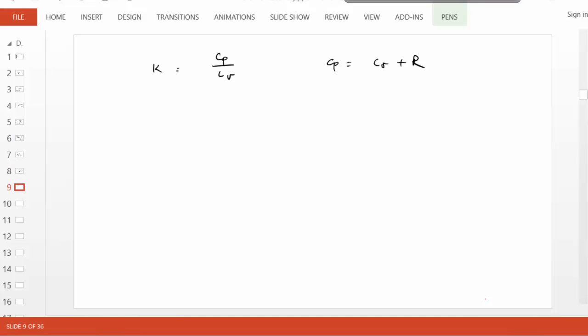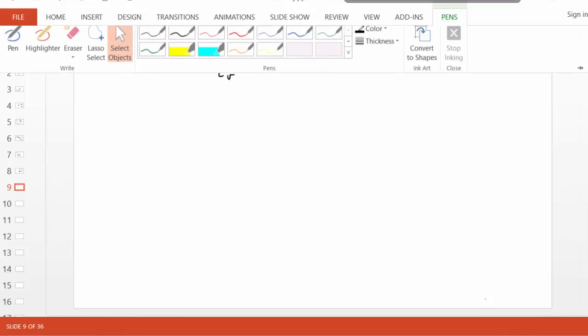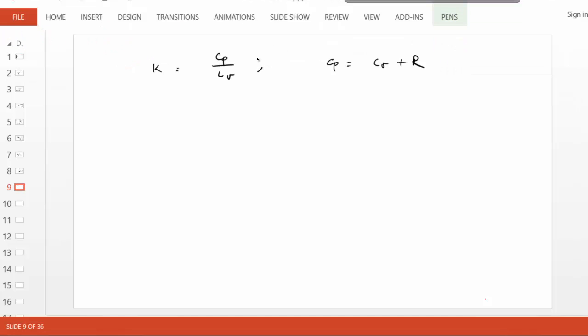So going back, if I use these two relationships together, we can express Cp and Cv in terms of K. Just by manipulating these two equations, you can show that Cp would be given by KR divided by K minus 1, and Cv is given by R divided by K minus 1.